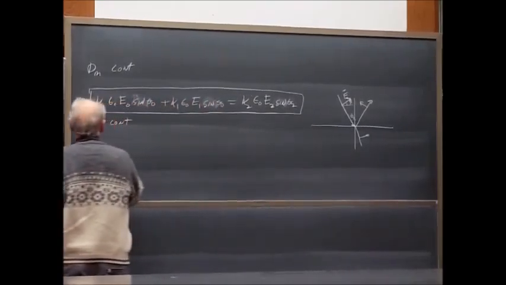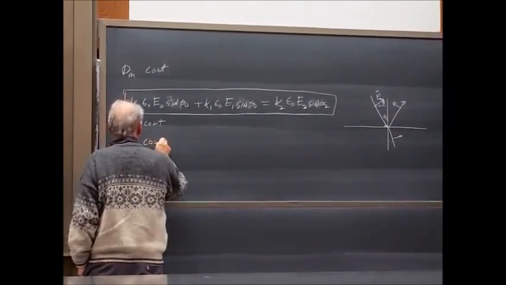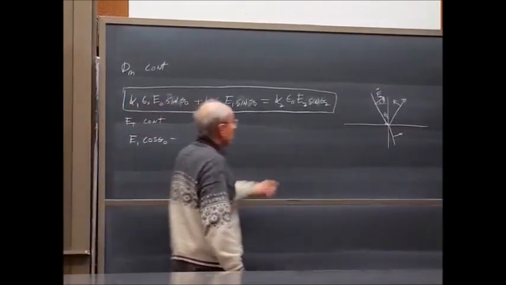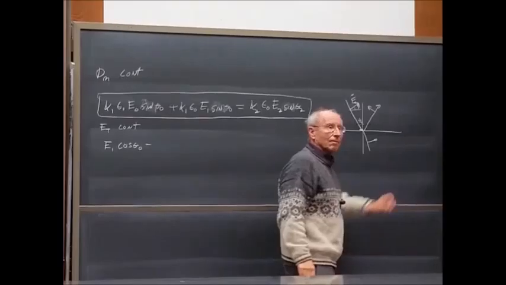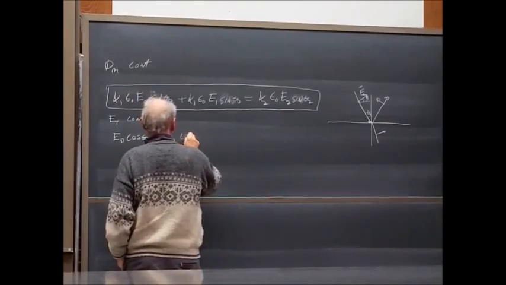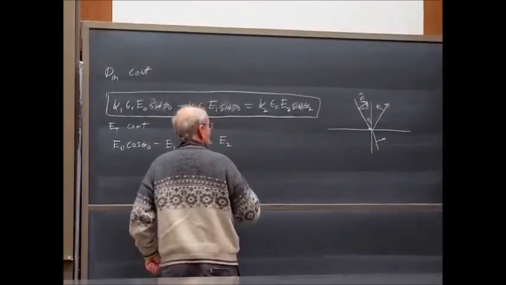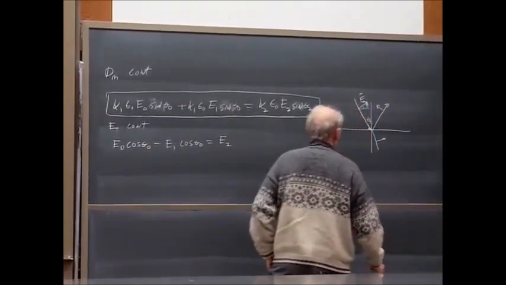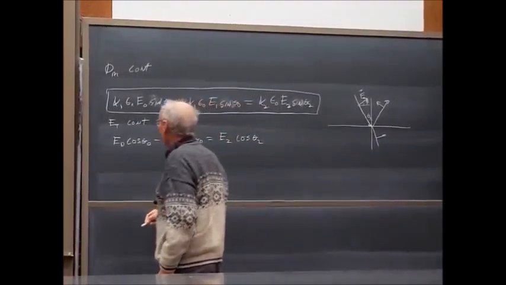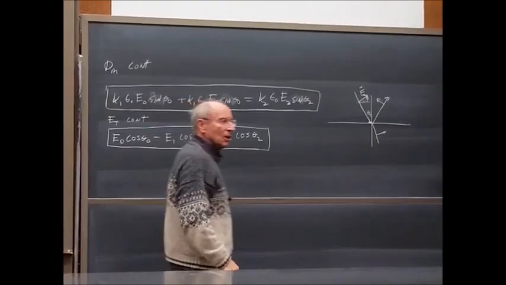And so we have E1 cosine theta 0. Now, this one points in the opposite direction. And so it will be minus, this is E0, minus E1 cosine theta 0 equals, this one points in our positive direction, E2 cosine theta 2. So that is our second condition.